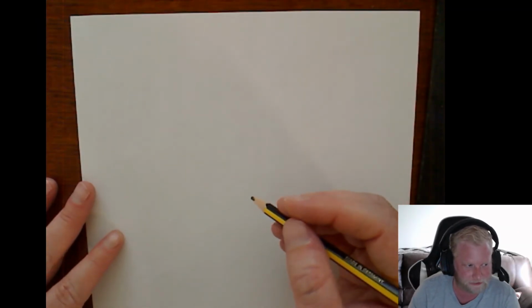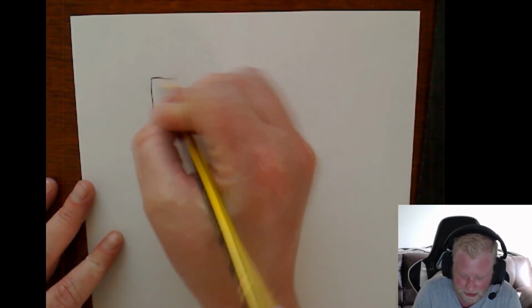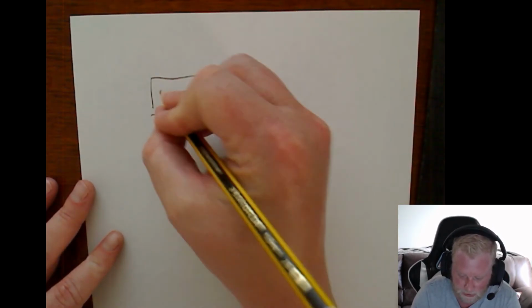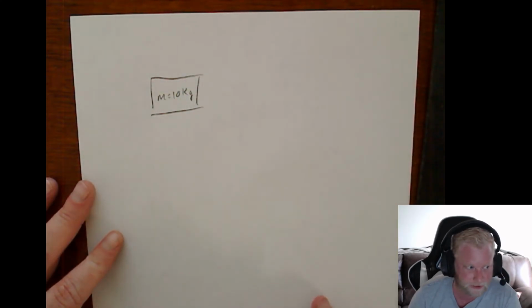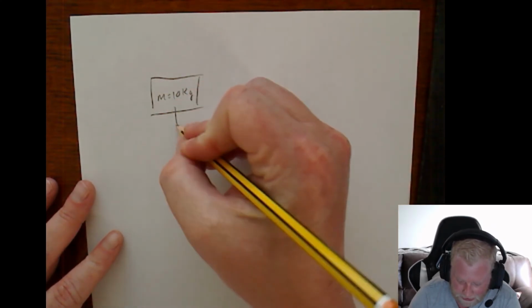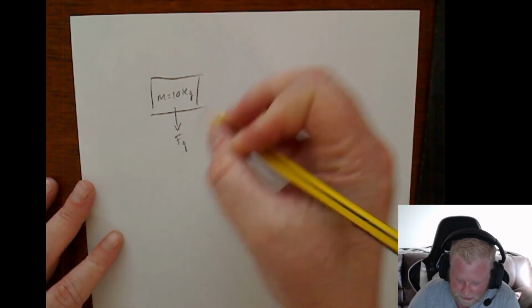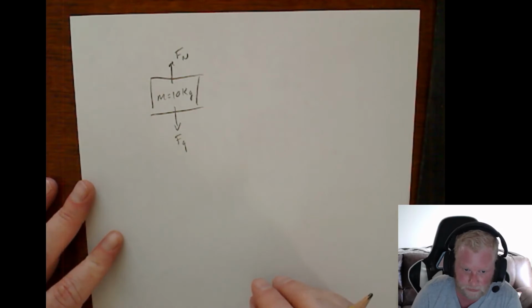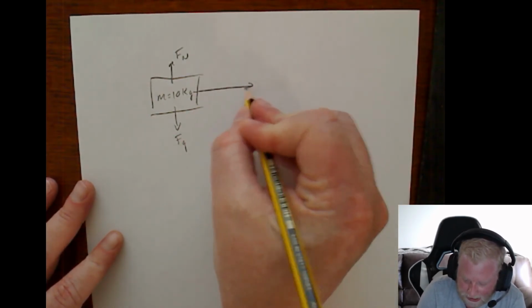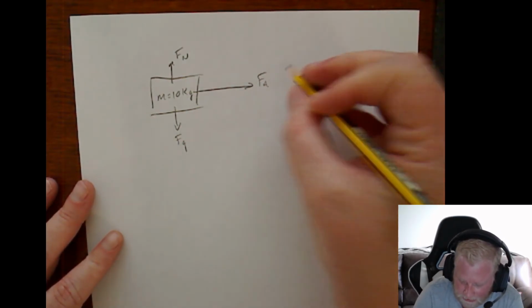So let's start, as we should start every force problem, with a free body diagram. So our object has a mass of 10 kilograms. We know there is a gravitational force acting on it. We know that there is a normal force acting on it. We know that there is an applied force of 50 newtons.